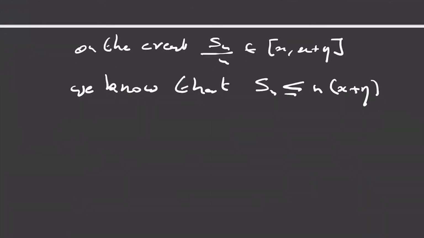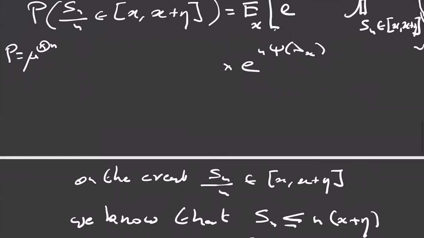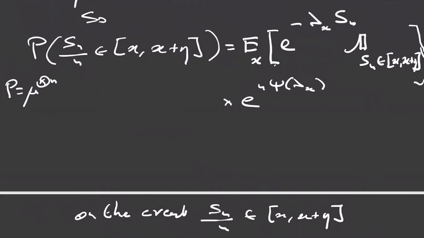Okay, so this means that the probability we started from, that is the probability that Sn over n belongs to x plus eta, is larger than the exponential of minus lambda x times n times x plus eta.